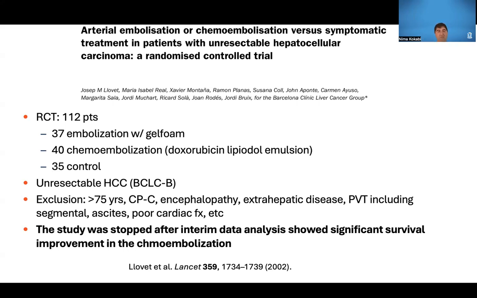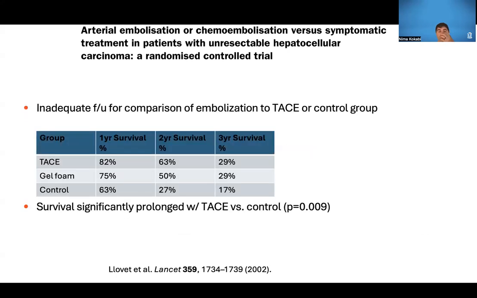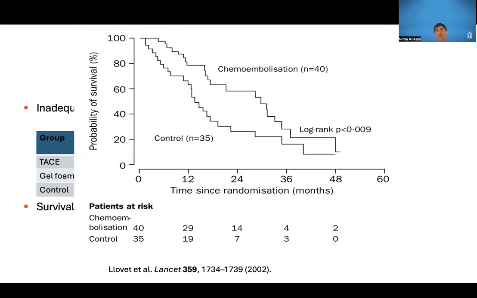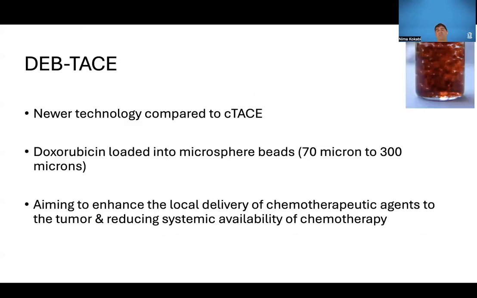I'm not going to go through the exclusion criteria, but suffice to say that the study was actually stopped after interim data analysis because of significant survival improvement in the chemo group compared to the control arm. These are the data behind the survival. We don't have to go through all of that. The log rank analysis and the Kaplan-Meier showed significant survival benefit for the chemoembolization group compared to the control group.